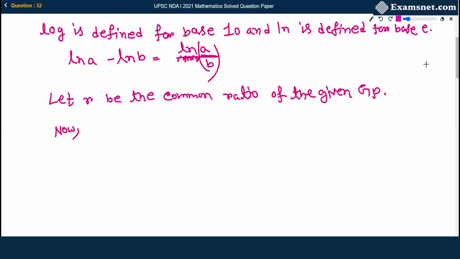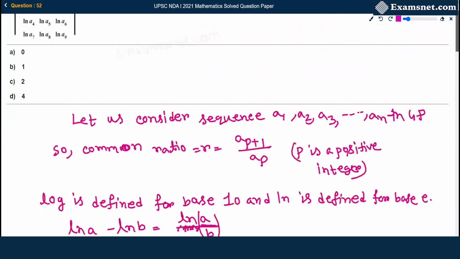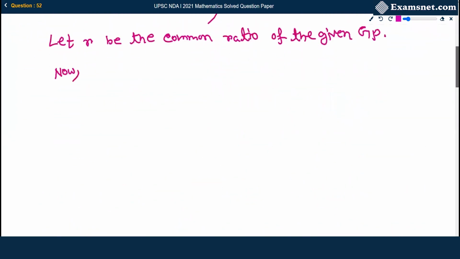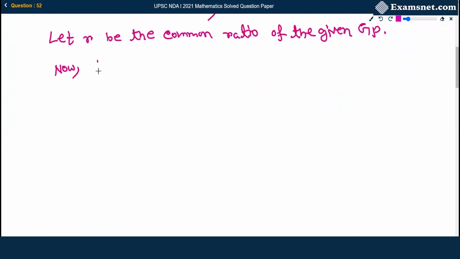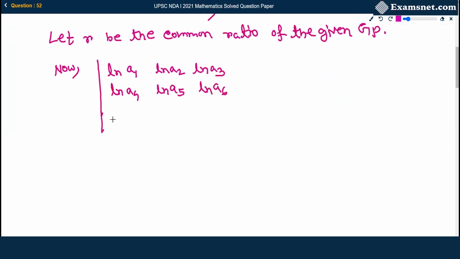So now the given determinant is ln A1, ln A2, ln A3, A4, A5, A6, A9. This is the given determinant.